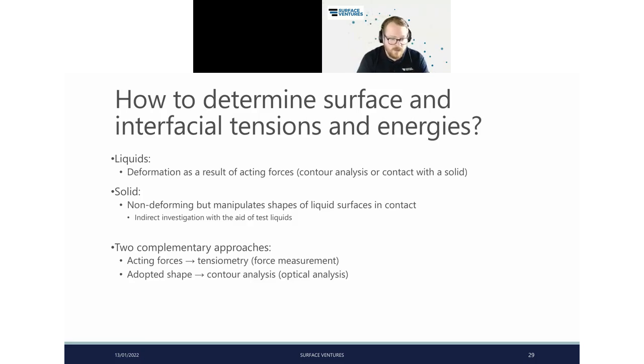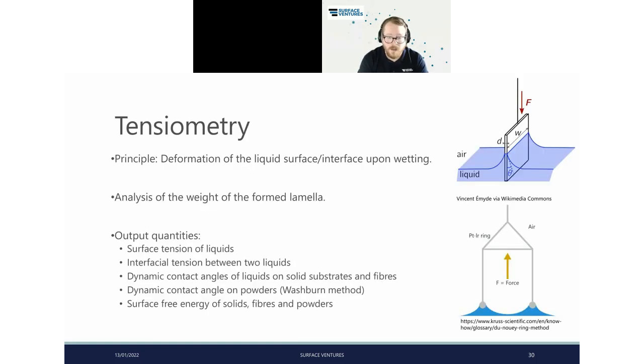In terms of acting forces, we can use tensiometry, which directly measures the forces, or we can use things like where the shape will change. We can use contour analysis, which is an optical method. Tensiometry uses the principle of deformation of the liquid surface interface upon wetting.